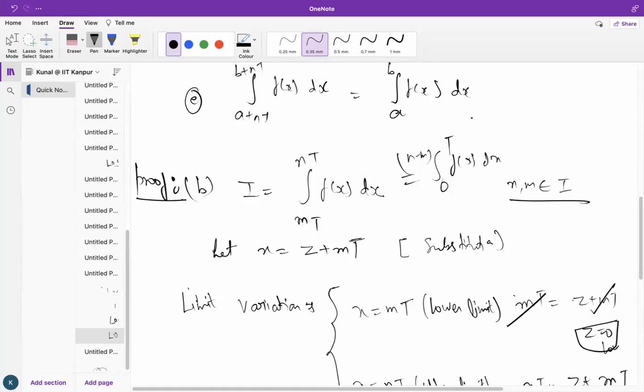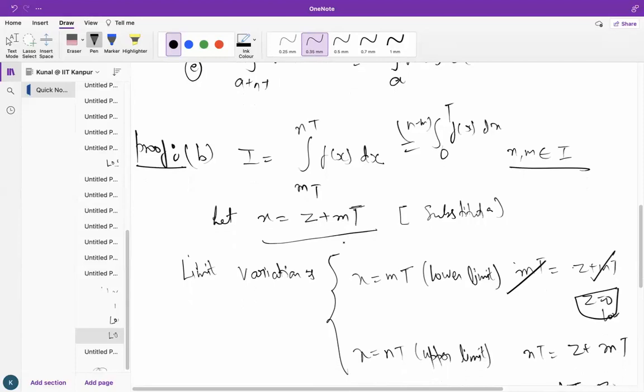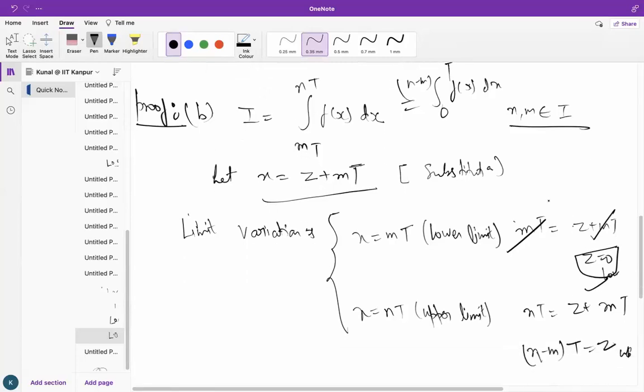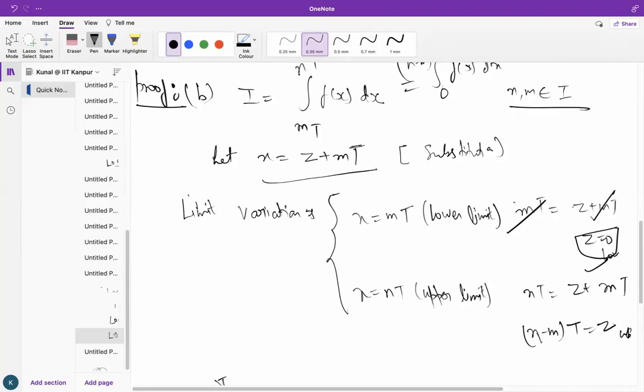So what I do here is a simple substitution: I substitute x is equal to z plus mt, and then I see the limit variation according to our substitution. So we got the lower limit is 0 and the upper limit is equal to n minus m times t.